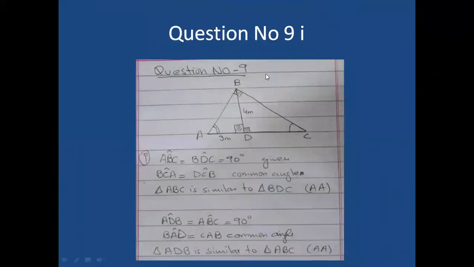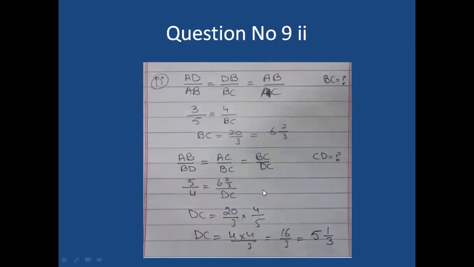If you want to find BC, let's talk about these two triangles which are similar to each other. By the name, you can write the ratio of the sides. For example, from here, if I take AB ratio BD, so AB ratio BD.